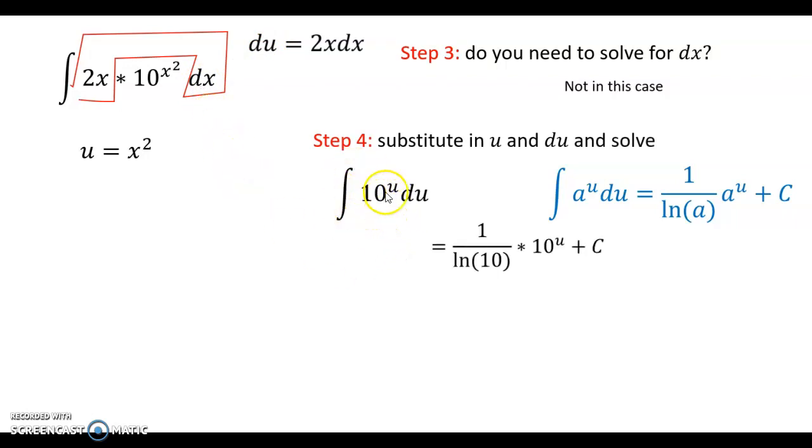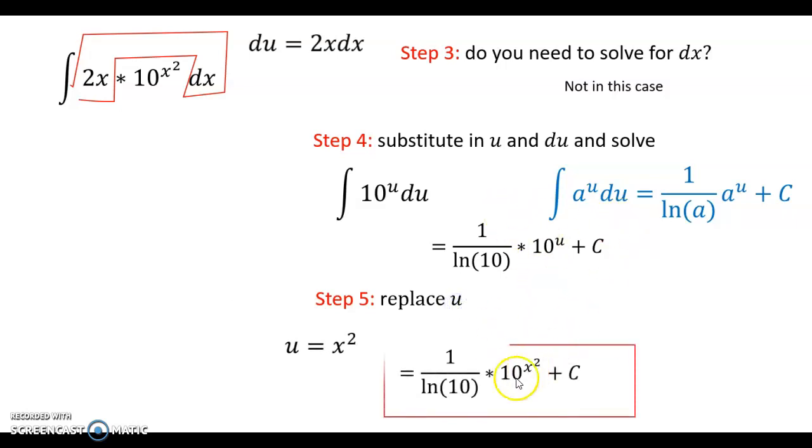So it'll just be 10 to the u times du, which equals 1 over the natural log of 10 times 10 raised to the u power plus c. Then we substitute back in for u, and it's just 1 over natural log of 10 times 10 to the x squared power plus a constant.